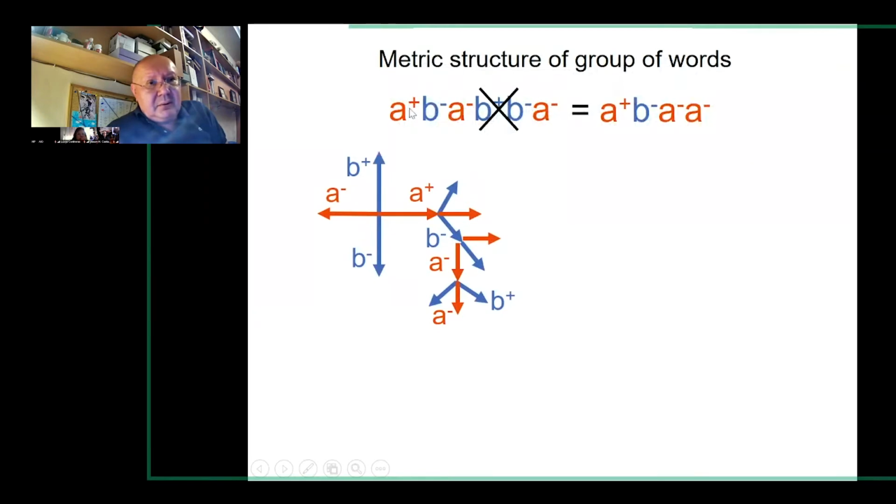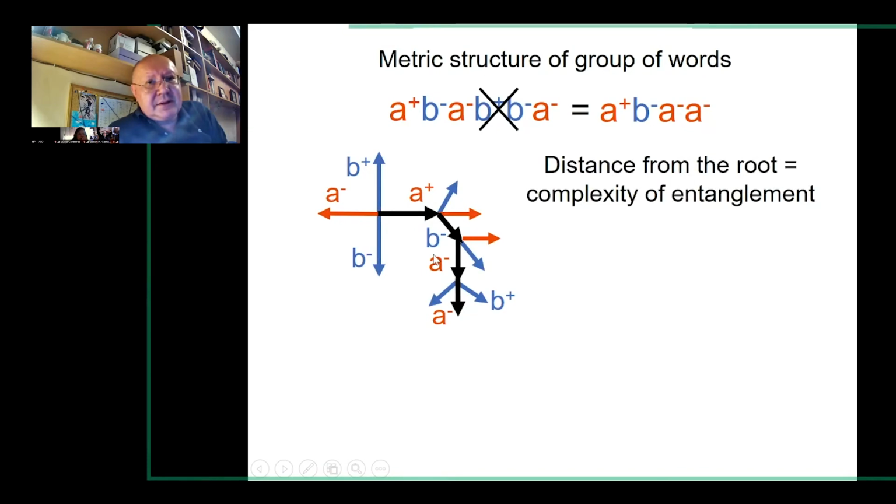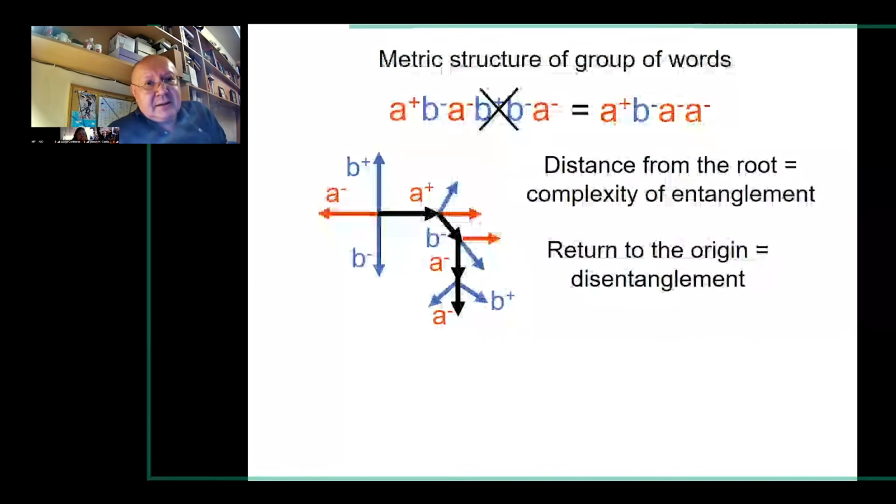So how can it be visualized? First I take letter A plus, so I go this way, then B minus, then A minus, then B plus, then I return back and cancel, and then I go this way. The shortest distance between the initial point and the final point, the distance from the root, is the complexity of entanglement, and the return to the origin means disentanglement, because I cancel all possible letters, and therefore the path is disentangled.